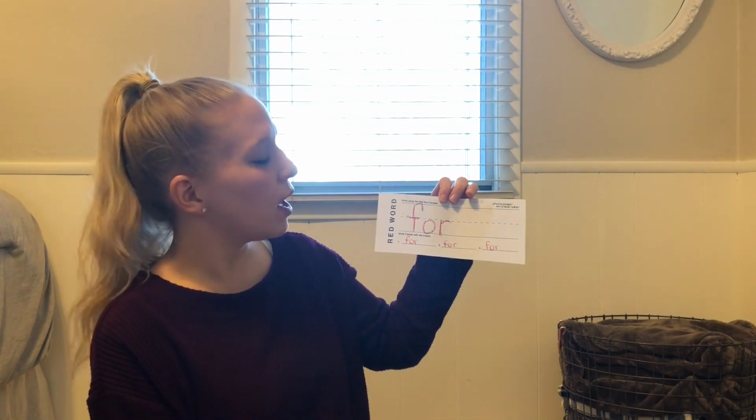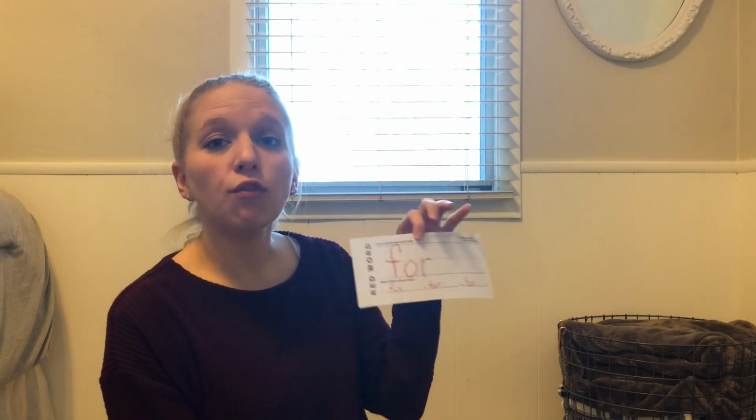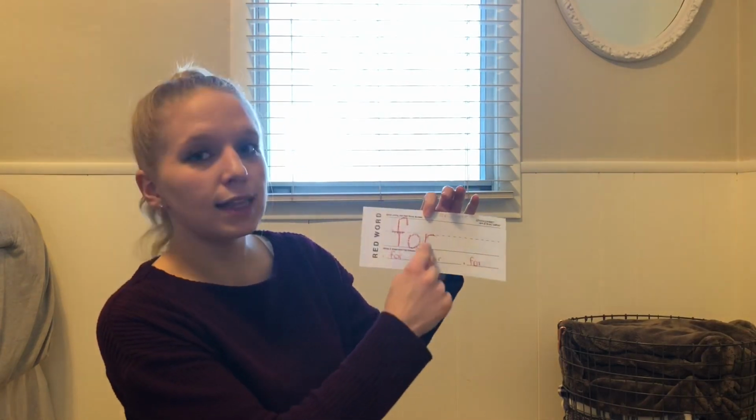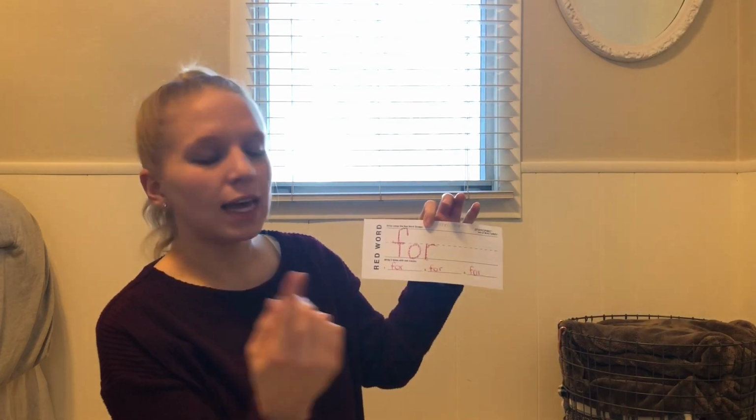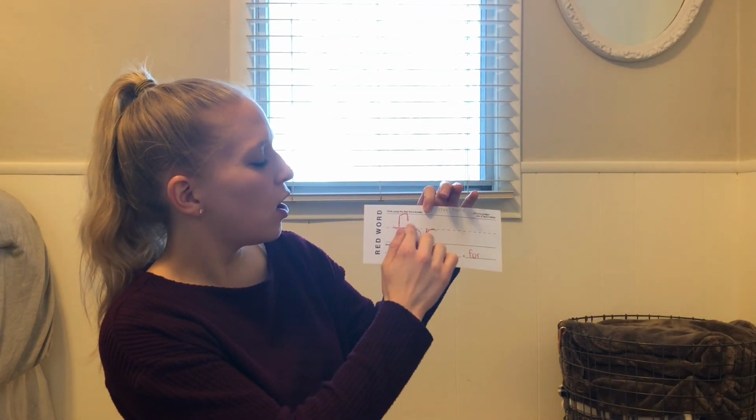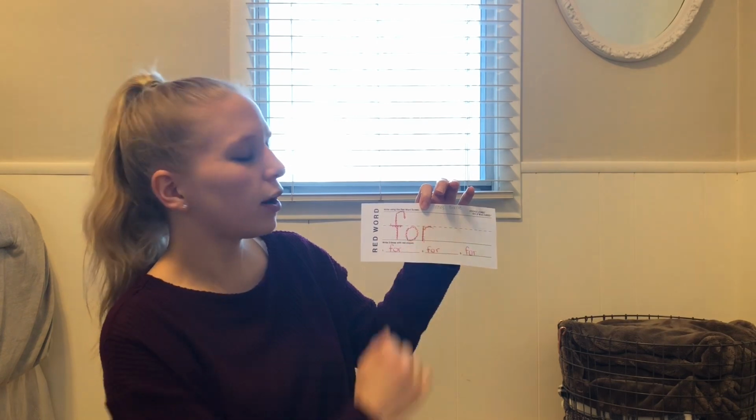All right, so go ahead and practice on your own. Don't forget to say the word after. That's really important. Don't just say the letters and spell it. Say the word after. So F-O-R, 4. Go ahead and practice that with your card that says 4.